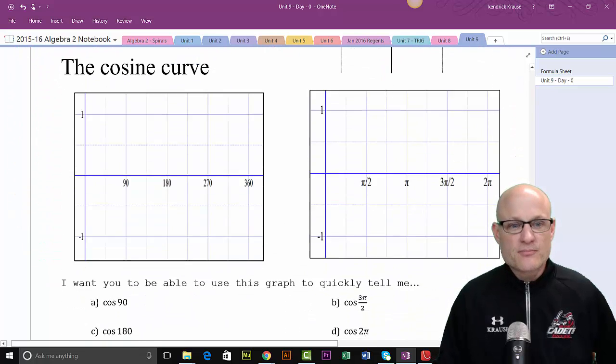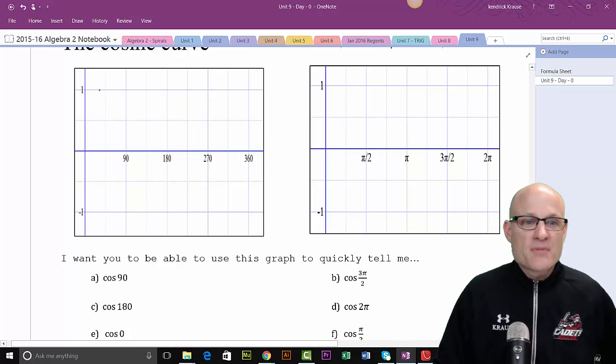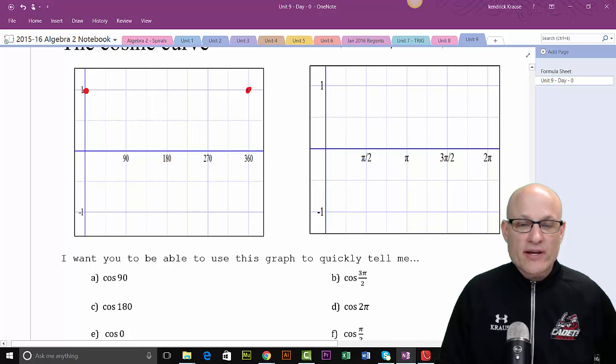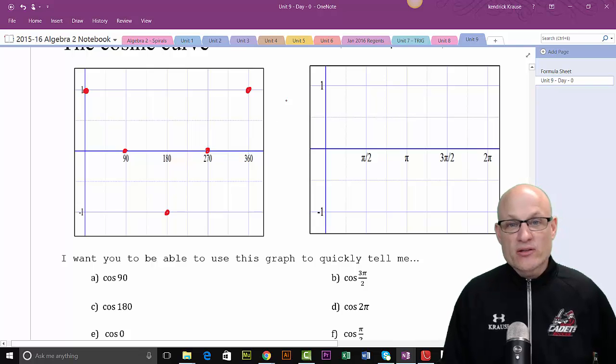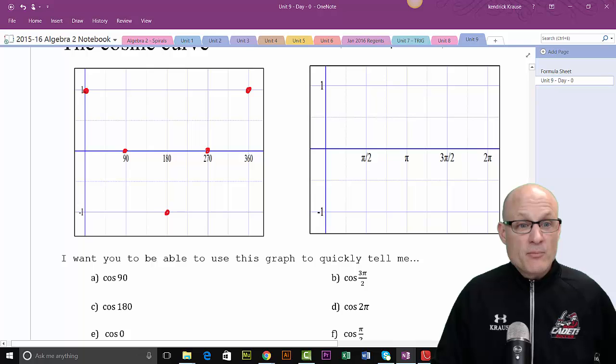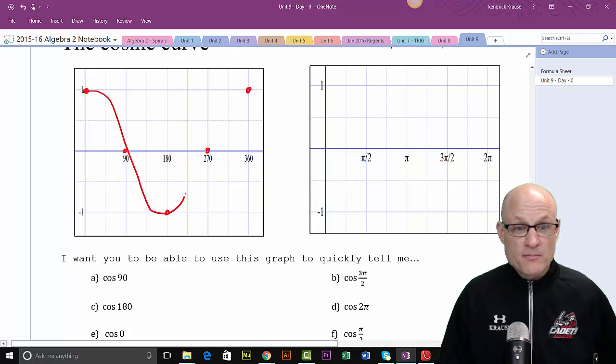So let's review. The cosine curve begins at a max. At 360 degrees, it's at a max. At 180 degrees, it's at a minimum. And in between are the zeros. Again, you'll notice 5 points. Begin at a max, in the middle you're at a minimum, back through a 0 and back through a max.